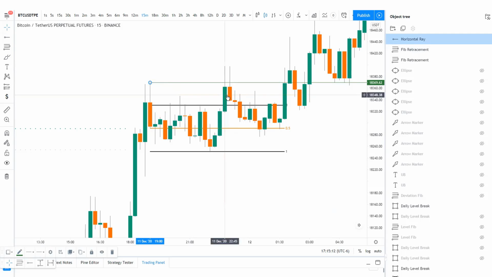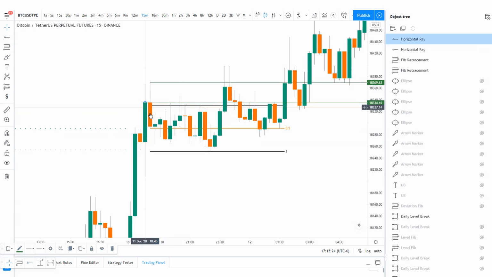But also, we could have had this candle that goes higher, but it could have faded back and closed below where this candle closed. So the other criteria is that this candle that makes the new high also has to close higher than what this one closed.